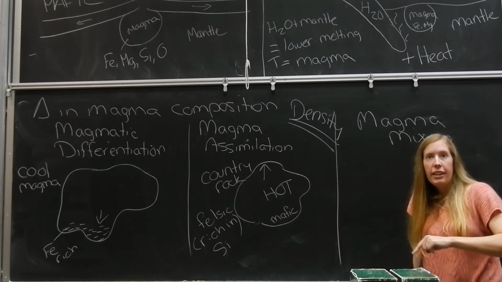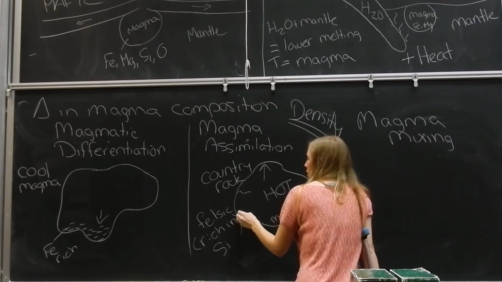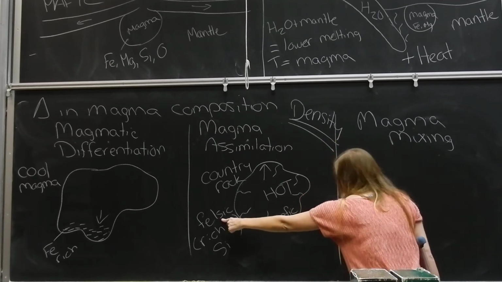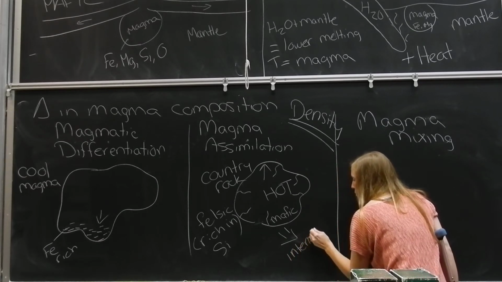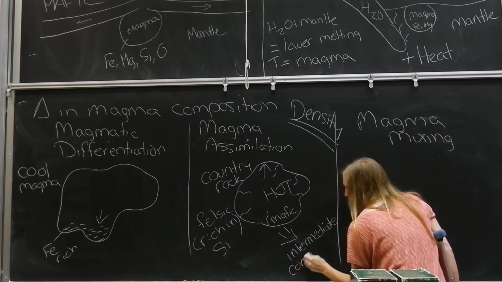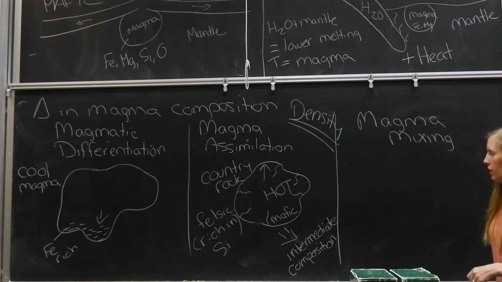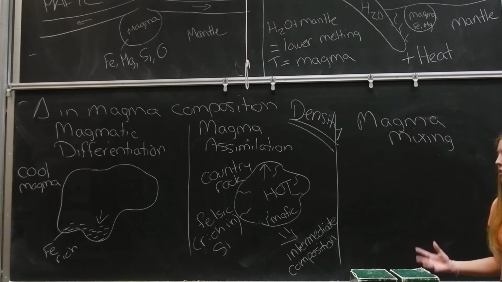And if you start to heat up felsic material, it'll start to melt and go into our magma and change it. It's not felsic, it's not mafic, it changes it to intermediate composition. Fantastic, and this is happening kilometers below the surface of the Earth. It takes thousands to millions of years to do. But it changes our composition.